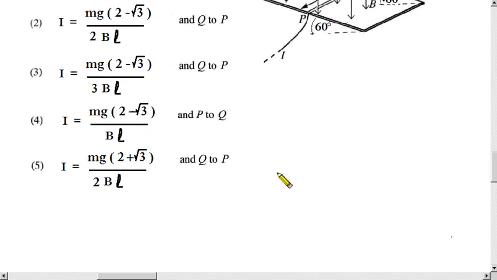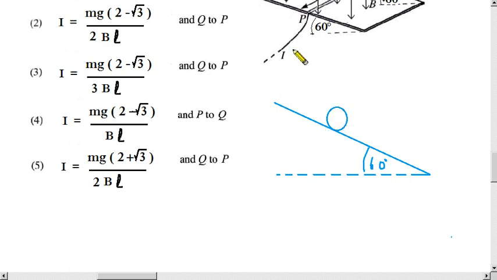So now I am going to try this. Angle is 60. The wire is like this. Already we have the force downwards along the plane, mg sin theta, sin 60.